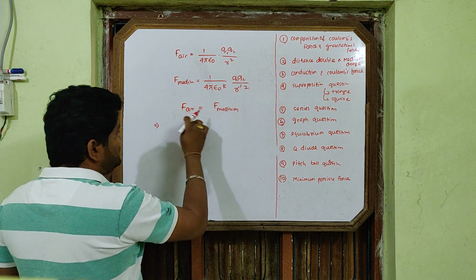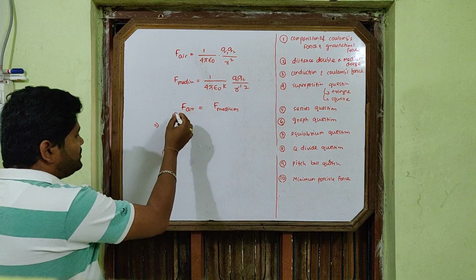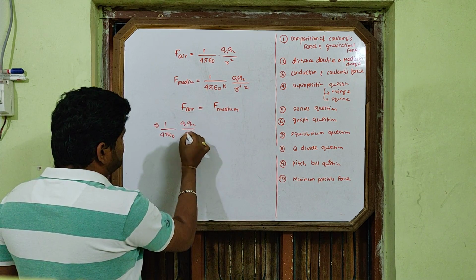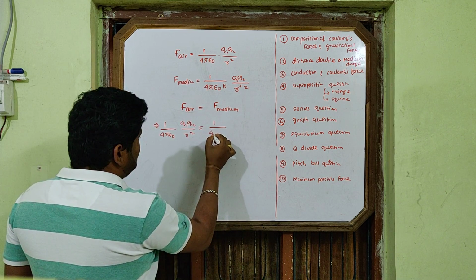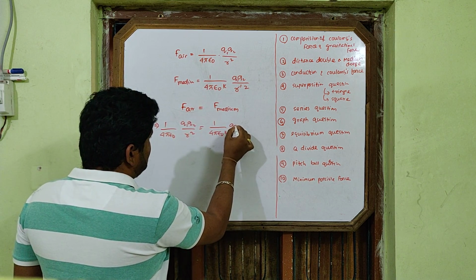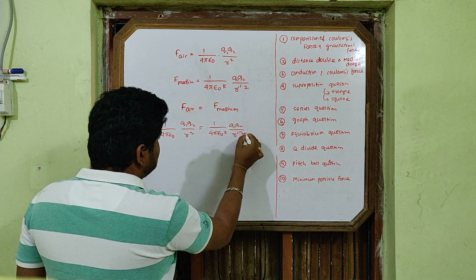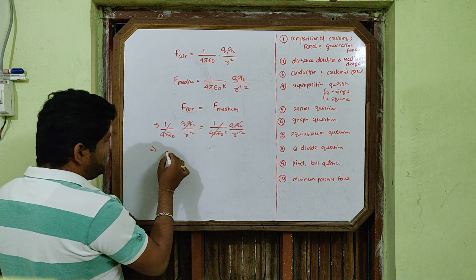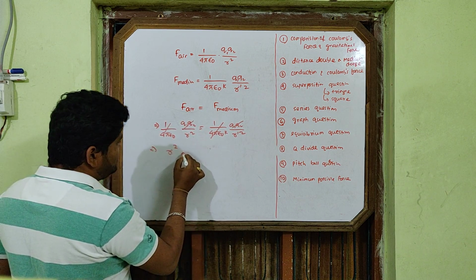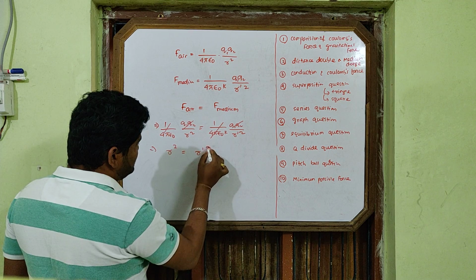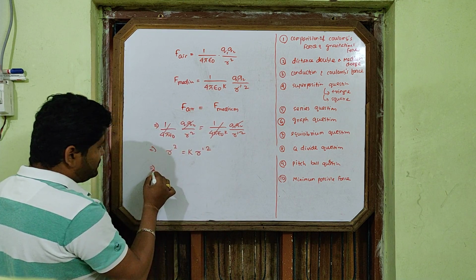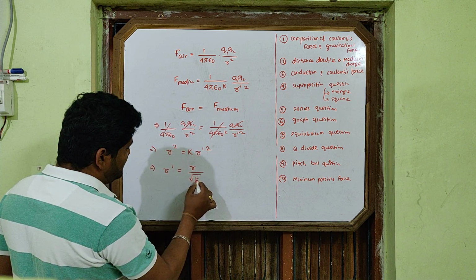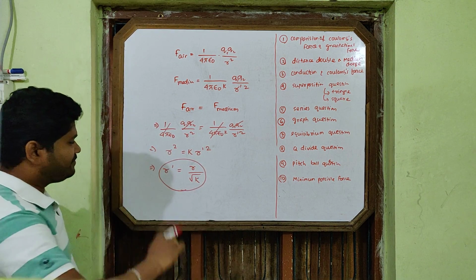So 1 by 4 pi epsilon naught Q1 Q2 by R square equals 1 by 4 pi epsilon naught K Q1 Q2 by R dash square. Q1 Q2 cancel. So R square is equal to R dash square into K. So R dash is equal to R by root K. This is the answer.